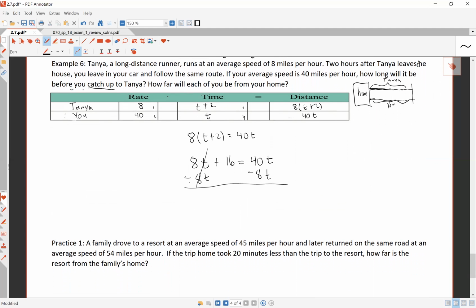Subtract that. 40 minus 8 is 32t. We divide both sides by the coefficient of t, which is 32, and we get t equals 16 over 32, which is 1/2. So it takes us 1/2 hour to catch up to Tanya.